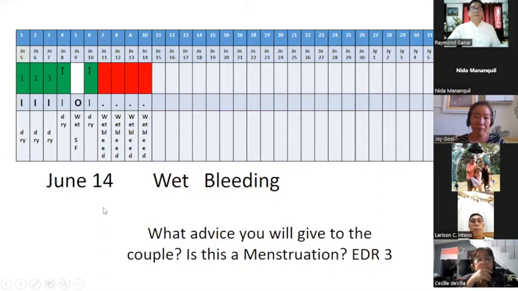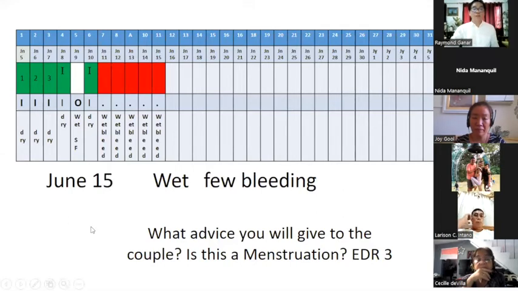June 14, bleeding, not menstruation, because looking at the chart, there is no peak day. And then June 15, wet bleeding again. So EDR3, avoid intercourse during the days of discharge and bleeding. What kind of bleeding? Withdrawal bleed. So no genital contact from June 11 until June 15.